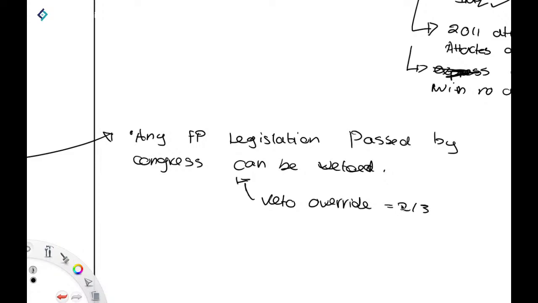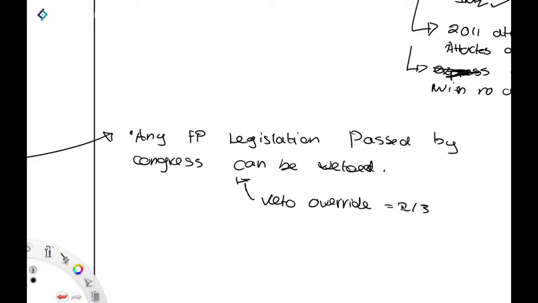So to what extent does Congress have a significant or meaningful foreign policy role? When it comes to the passing of legislation, any legislation that is passed requires presidential approval. This is of course true for foreign policy legislation as well, and so therefore it requires the implied consent of the president.